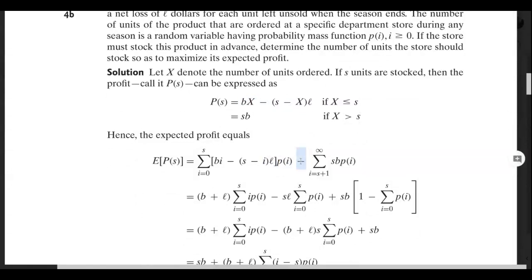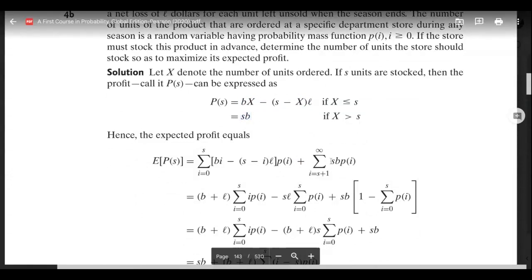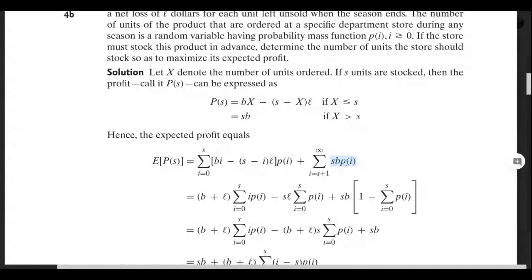Then plus, because we have two parts, we have either this way or this way, so expected value. We add up all those possibilities for this. We add up all the possibilities for this, which is SB times probability of I. And I goes from S plus 1 to infinity.